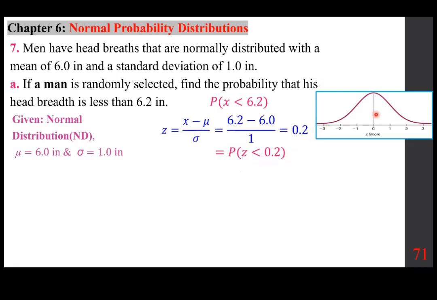We come up with the answer. Now, let's just do the graphing quickly. 0.2 somewhere here. So it's a little bit more than 0.5 as far as the graph is concerned.